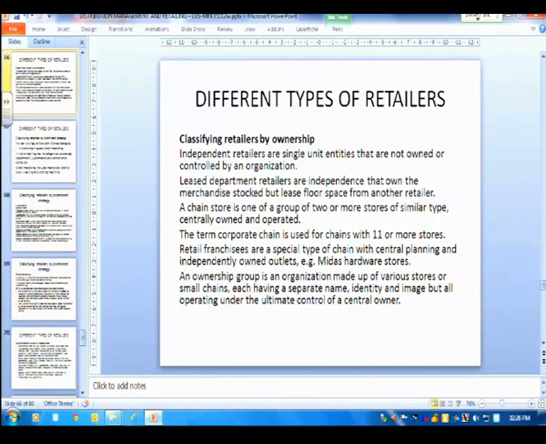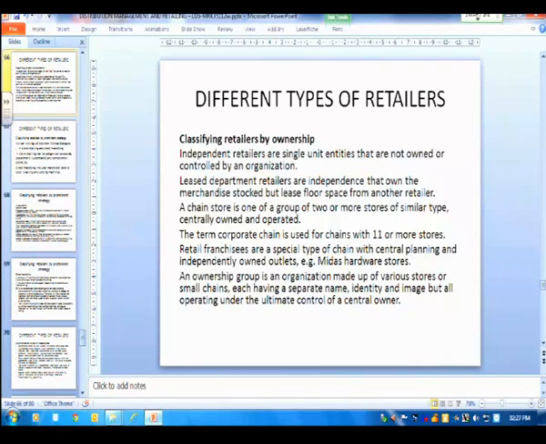Whereas a chain store is one of a group of 2 or more stores of similar type, centrally owned and operated. The term corporate chain is used for chains with 11 or more stores.